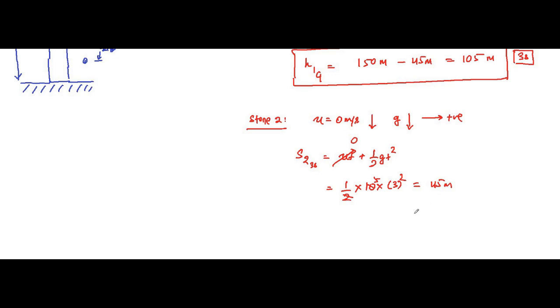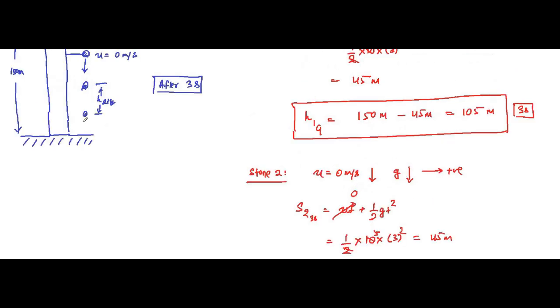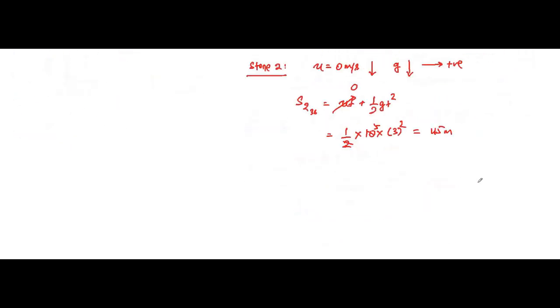Okay, this stone number 2 was dropped from a height of 100 meters from the ground. So now the height of stone number 2 from the ground is equal to 100 meters minus 45 meters, which is equal to 55 meters.